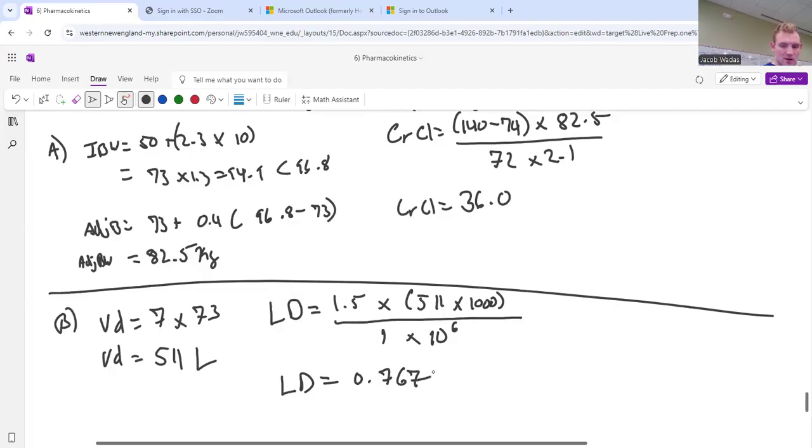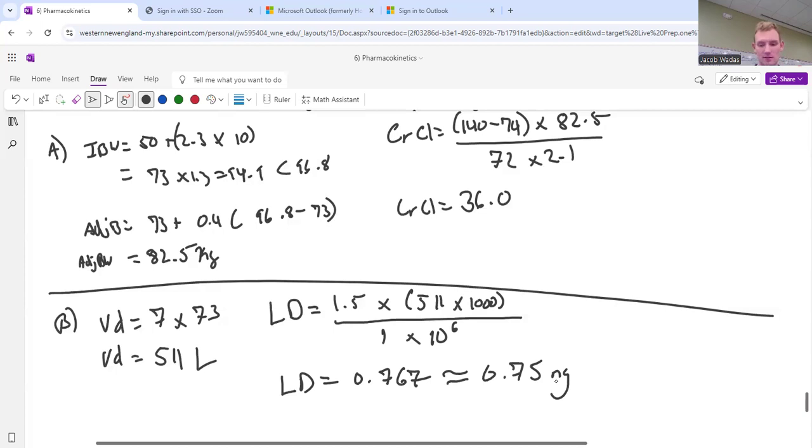Yeah, I did 0.75. Remember, we have to make sure that it's available in the formulation. Okay, so we would do 0.75 milligrams, sorry, milligrams. Yeah, makes sense.